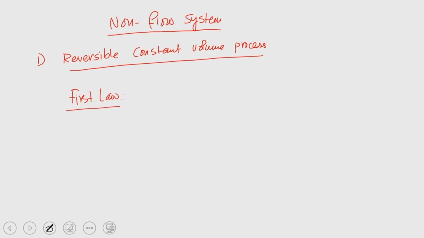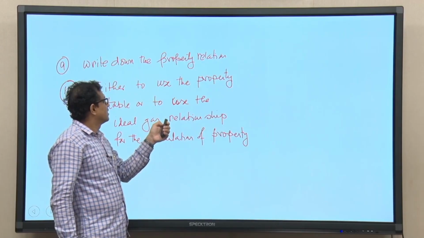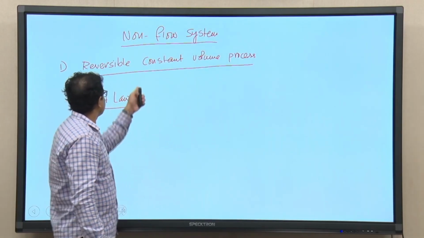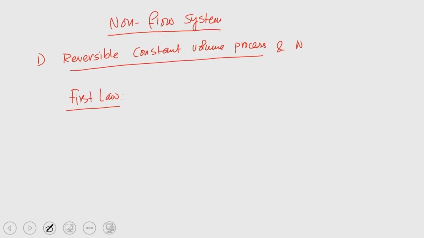Systematically, the first step is not required, because it is already given. Let me write it more clearly: reversible constant volume process, and the working substance is water.